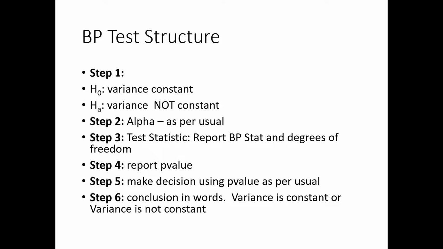Then we make the decision by comparing that p-value to alpha the same way we always make that decision. And then the conclusion. We really only have 2 choices here: the variance is constant or the variance is not constant. It's one or the other. So it's a very simple conclusion. It's this or it's that. Boom. End of story.